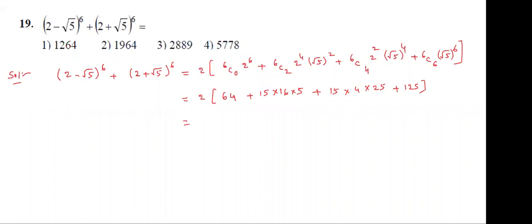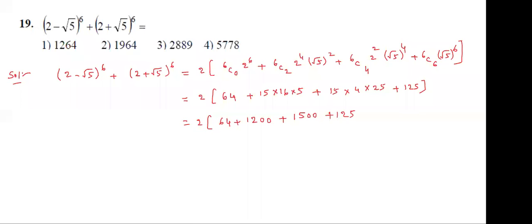Now calculate this. 2 into 64 plus 15 into 16 into 5. How much approximately? 15 into 16 into 5 is 1200. 1200 plus 15 into 25 into 4, this is 1500, plus 125.